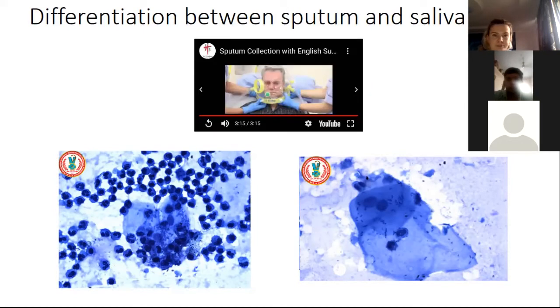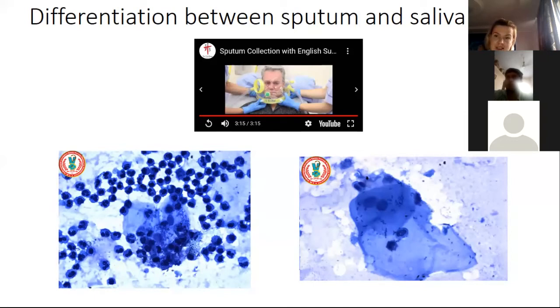Next, what you should do is prepare the smear and stain it by a simple staining technique, such as methylene blue, and count how many leukocytes or white blood cells, or epithelial cells you detect in the smear.